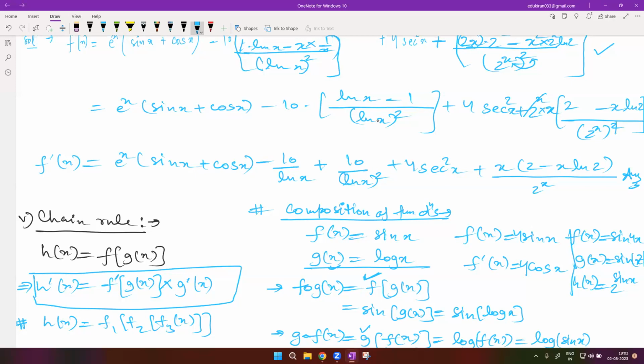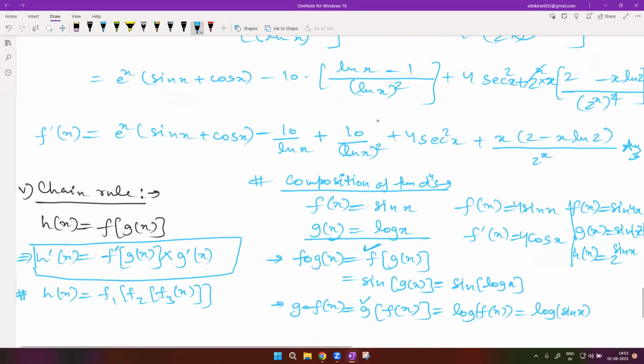I have put f3x in place of x in the function f2x, and whatever that function is, I have replaced it with x in f1x. So in this composition of functions, there are three components this time. First one is f1x, then second is f2x, and then third is f3x.